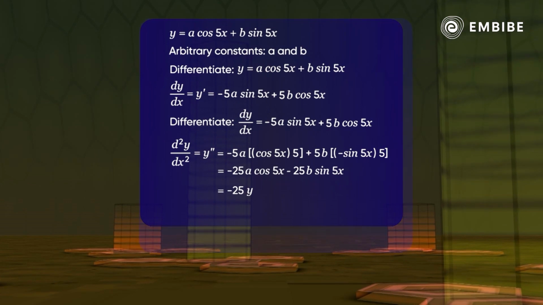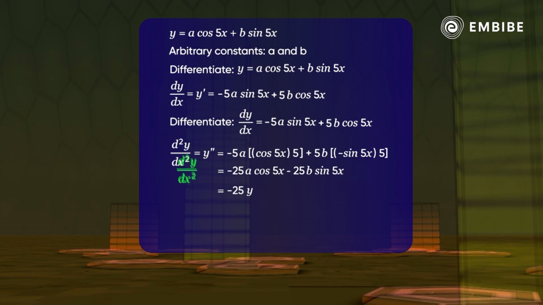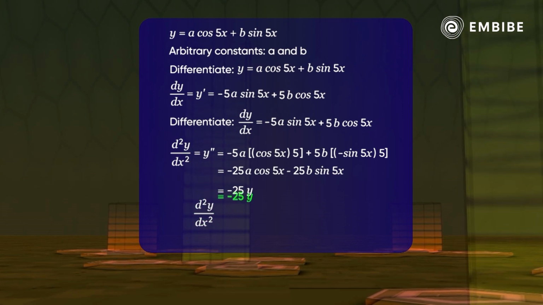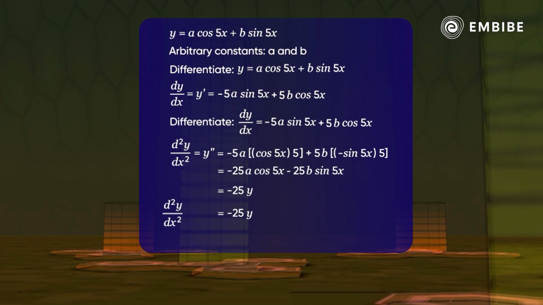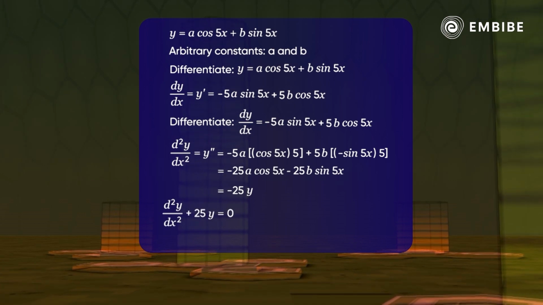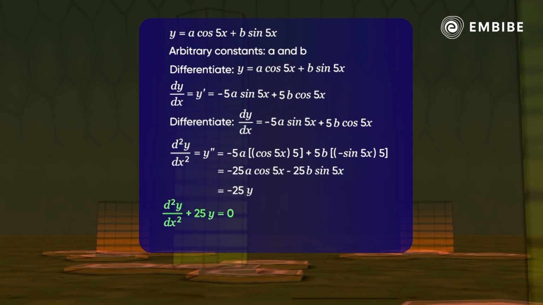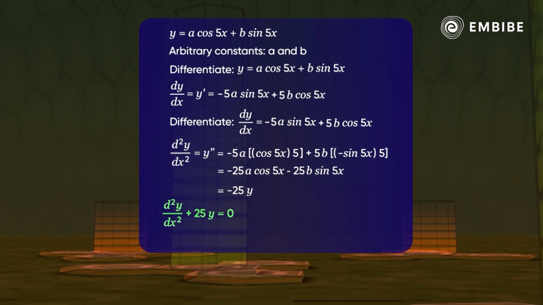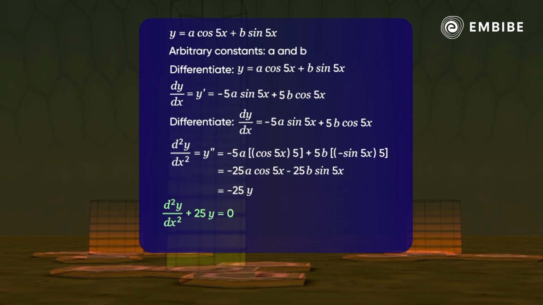So the required differential equation is d2y by dx squared is equal to minus 25y, or d2y by dx squared plus 25y is equal to 0. Thus, we have formed the differential equation corresponding to a family of curves with the given equation.